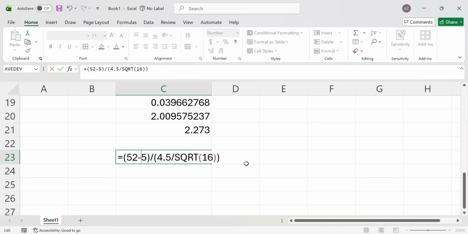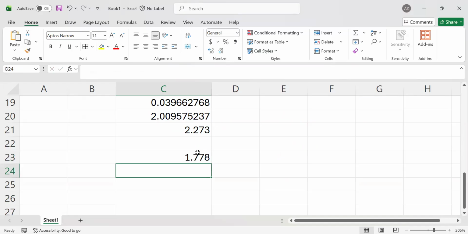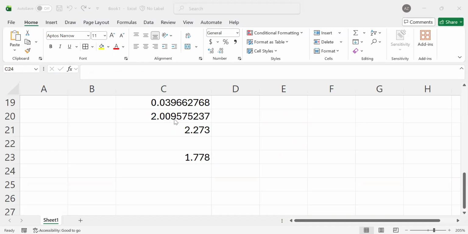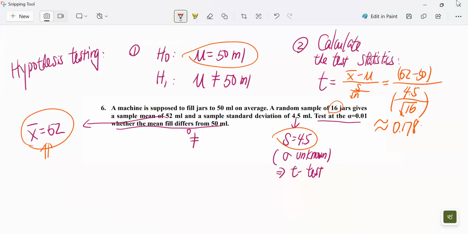It's 52 minus 50, right? So the numerator is 2. I overlooked that, so that earlier value is off. We can do it ourselves, it's not that bad. 4.5 divided by 4 is 1.125. Then 2 over 1.125 is about 1.778.